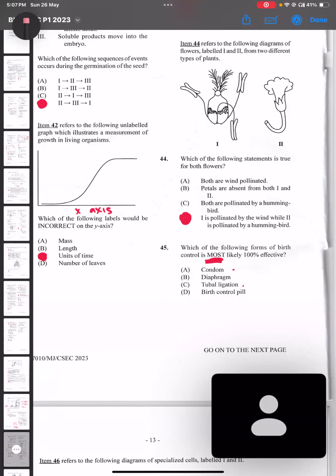There can be some manufacturer's defect where it does not work how it's supposed to. But tubal ligation is basically female sterilization where they go in and tie off the tubes. If the tubes are tied off, there's no way for the egg and the sperm to meet. So tubal ligation would be the most appropriate answer, because there is no chance of any sperm meeting up with the egg.